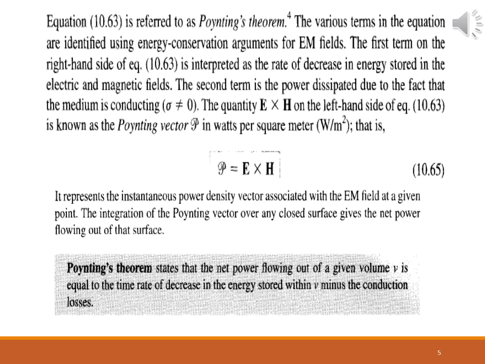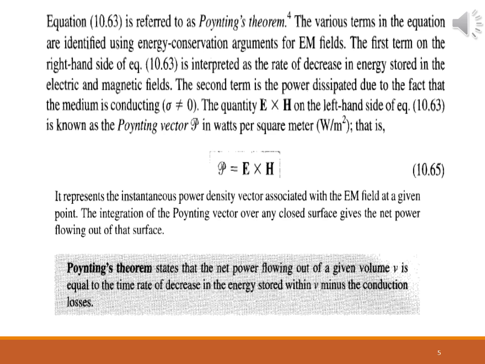Now the quantity E cross H on the left hand side of the equation is referred to as the Poynting vector. It's denoted by P, and the unit of the Poynting vector is watts per meter square. This expression represents the instantaneous power density that is associated with the electromagnetic field at a given point.